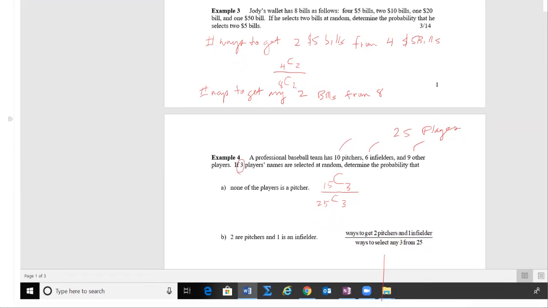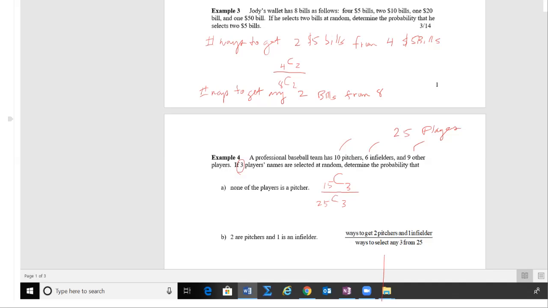Well, you have to calculate the number of ways of the 4 $5 bills that you could select 2 of those. Okay, number of ways to get the 2 bills from the 4, and you have four bills, and you want to pick 2 at a time. So how many different ways can that happen? And we'll assume that we could tell the difference between the bills.